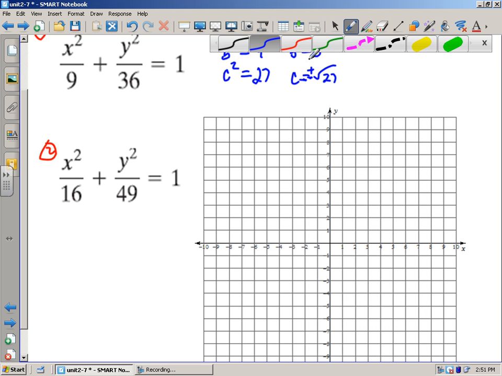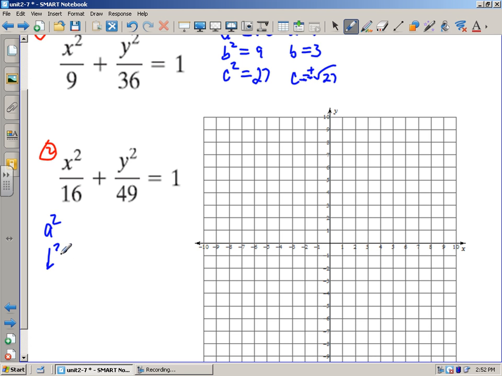So this time, I've got to find out again a squared, b squared, c squared. A squared is 49, again it's the biggest number, so that means a equals 7.